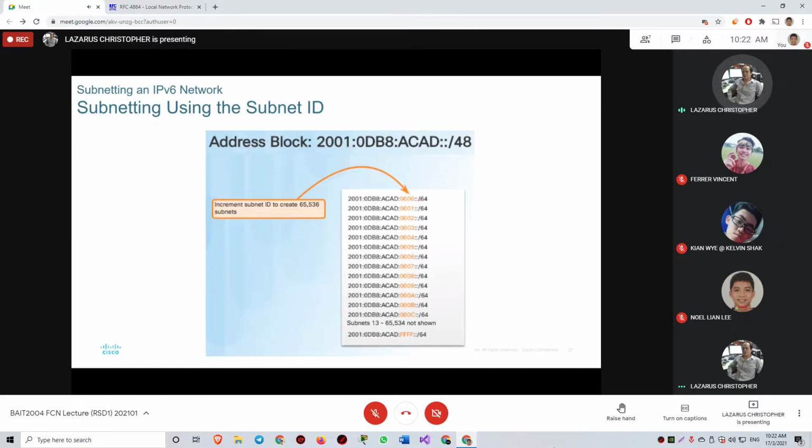So this allows IP version 6 to omit network address translation. There is no need for network address translation anymore, because it's not a private address. And you can have so many. Think here, 2 to the power 64 minus 2 interface IDs per host. So that's a big number of hosts per subnet.